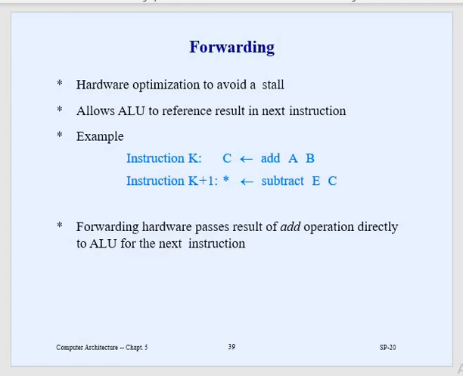So forwarding hardware passes the result of the add operation directly to the ALU for the next instruction. It means that if we deploy the technique of forwarding, there is no need to introduce the no-op instruction, because our processor would be intelligent enough that it will not send the result of C to the external drive.